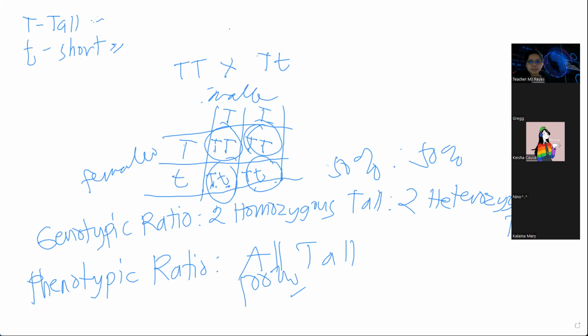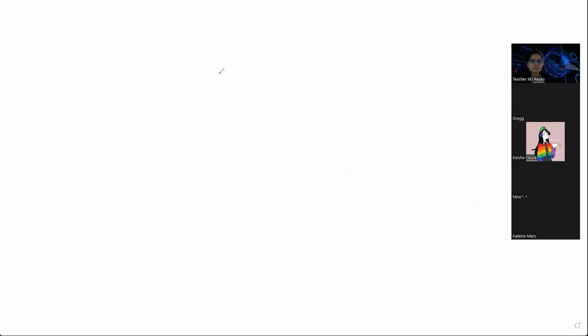Okay, let's have another example. How about a gene for straight hair?